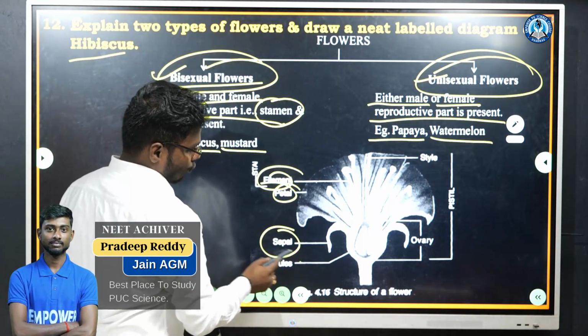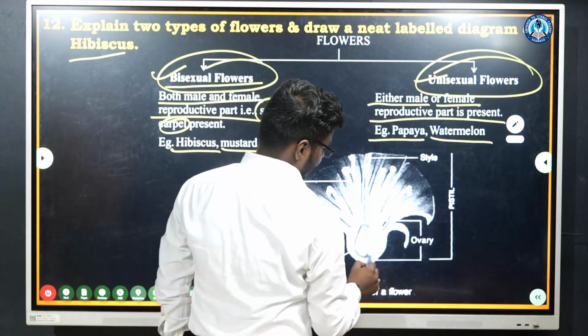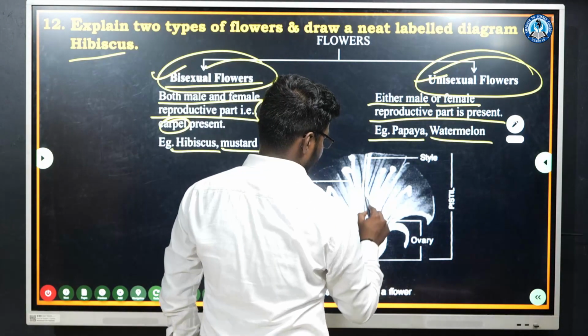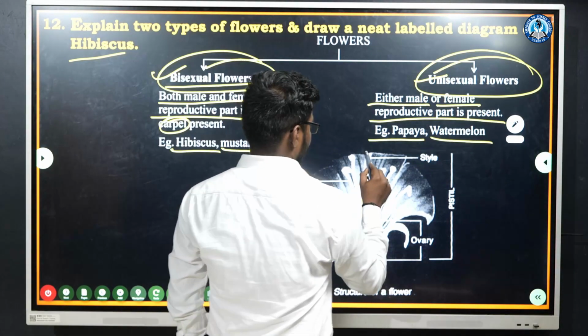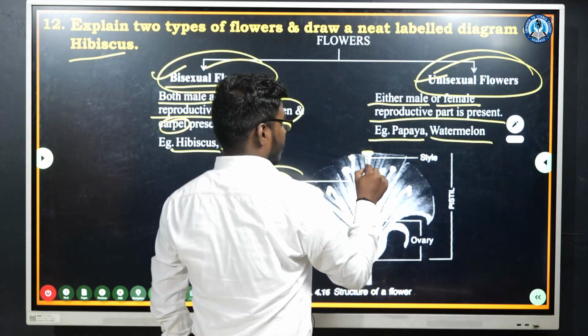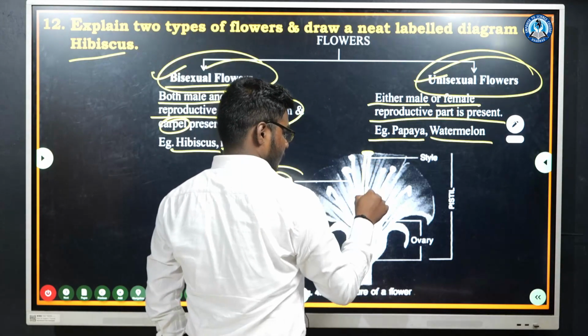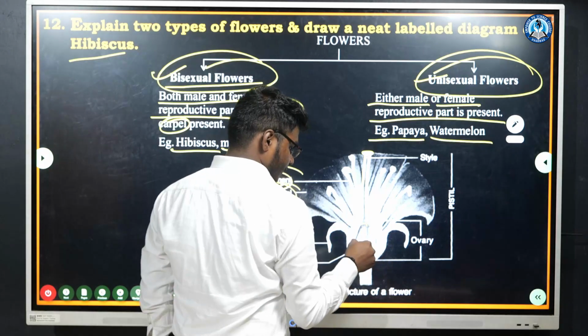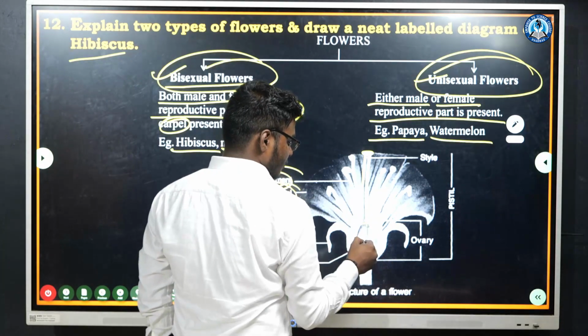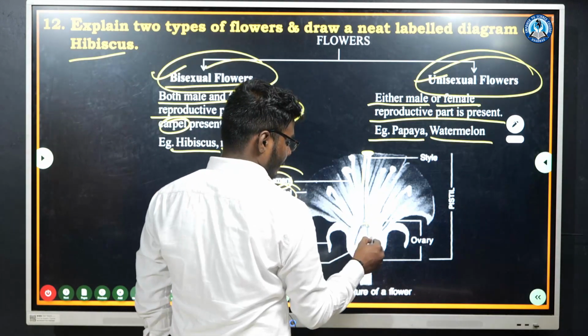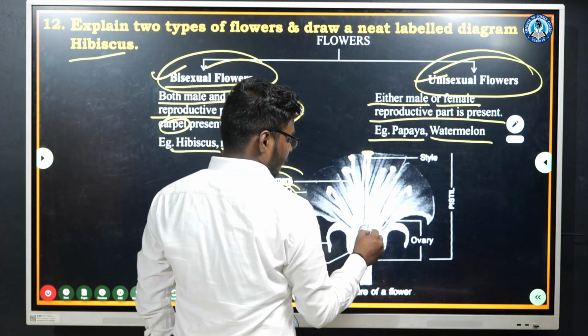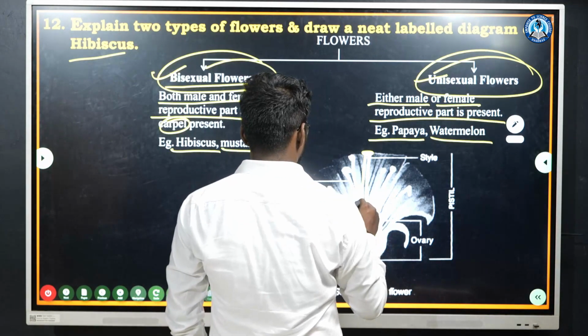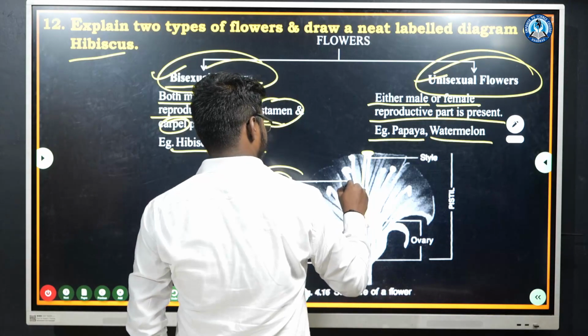So sepals, ovules. This is the stigma, this is the style, this is the ovary. Within the ovary there are ovules. Got it? These are the male parts, that is the stamens.